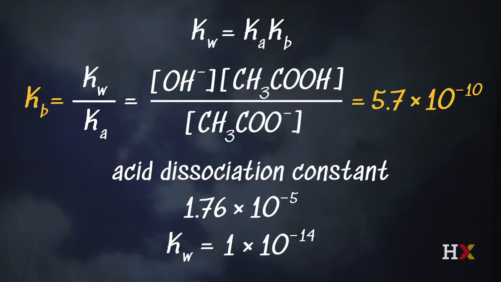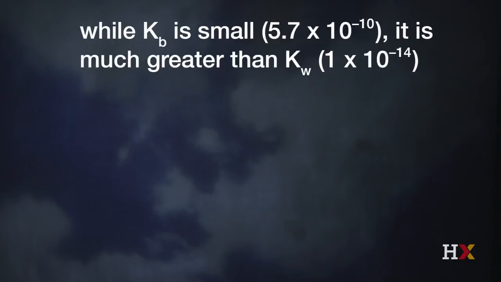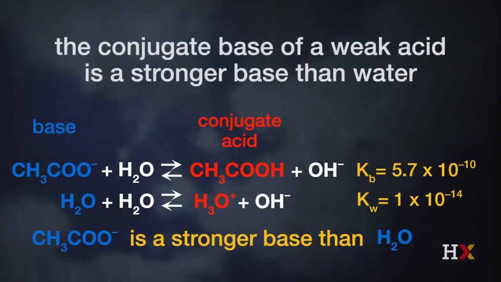That equilibrium constant is small, but it's still much greater than the autoionization constant of water. Even though it's small, it's 50,000 times larger than the dissociation of water. And this is a reflection of the strong basic character of this conjugate base. It means that we can effectively extract an H plus from water to form OH minus.